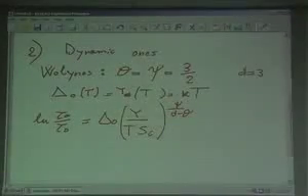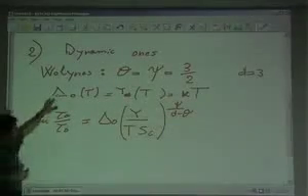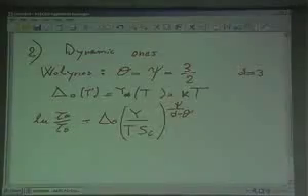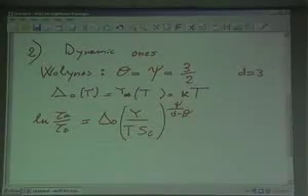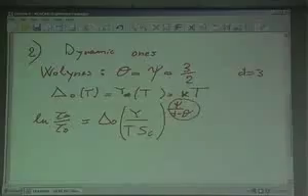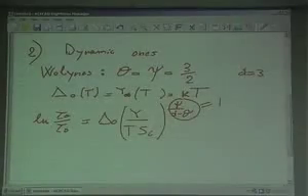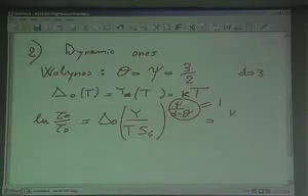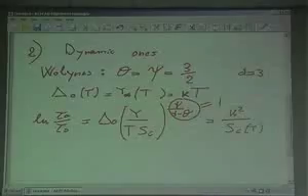Now let's just use what I have here. This exponent will be equal to 1 with the choice that I made, the Wolynes choice in 3 dimensions, and then what you get here is k squared divided by Sc, which is a function of temperature.